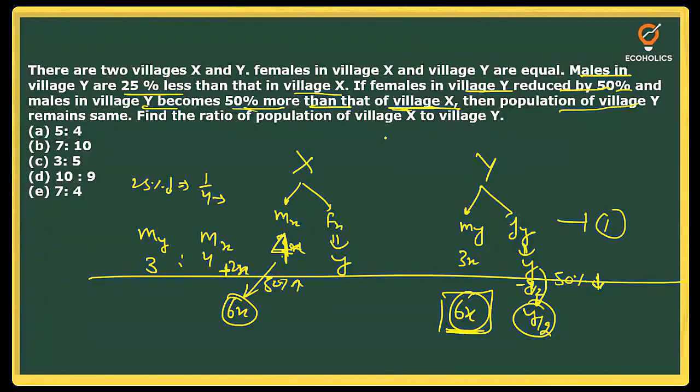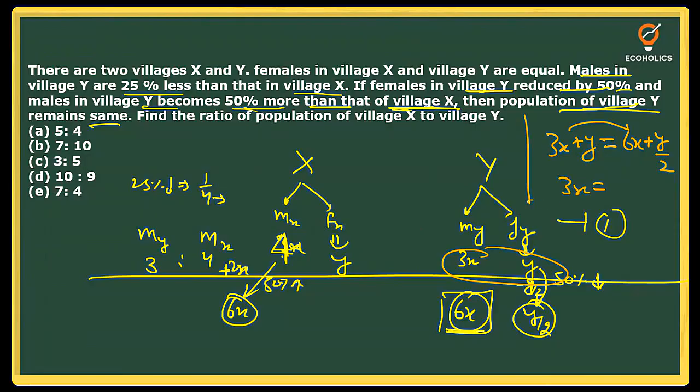And the question is saying, then the population of village Y remains same. It means, what is the population initially? That was 3x plus y. That should be equal to 6x plus y by 2. Now, this will go to this side, so it will be 3x.